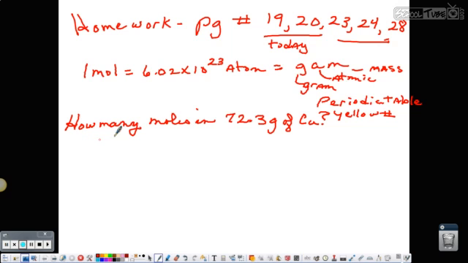Okay, so what are you looking for? X moles. What do you know? 72.3 grams copper.